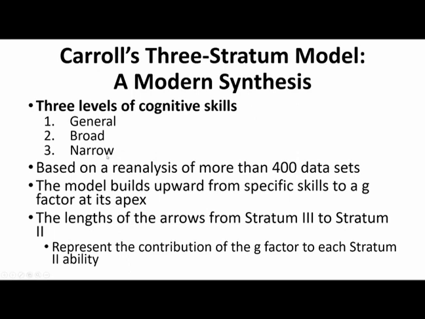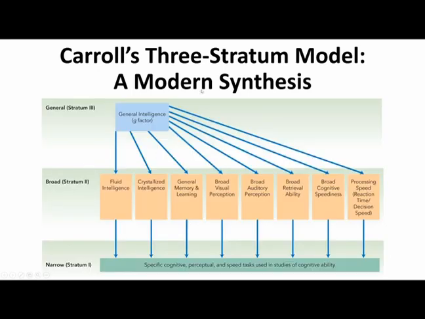Now this is one of those models where I feel like the visual is a lot more helpful than the words describing the visual. So we'll switch to the next page to look at this here. And so here we'll start at the top looking at our general intelligence with the third stratum. This is that G factor you originally started talking about.